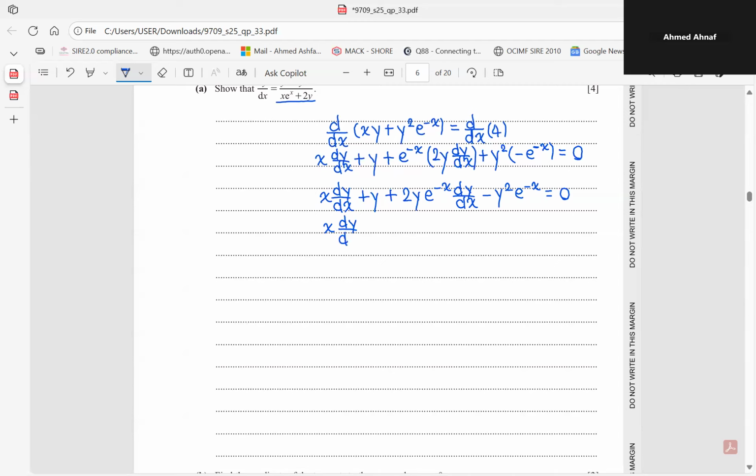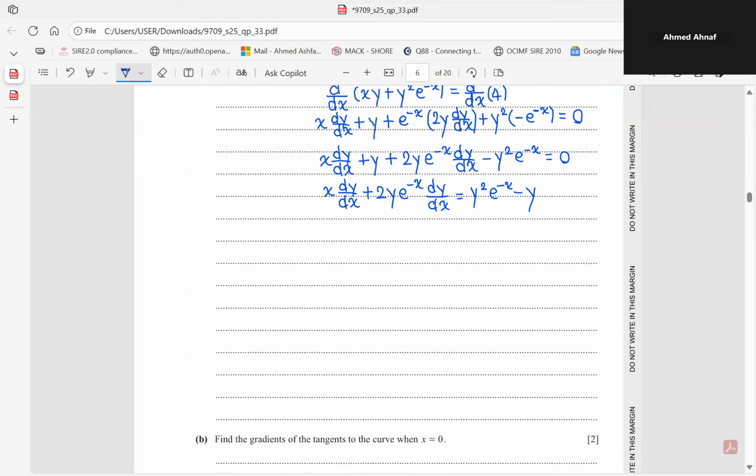So x dy/dx + 2y e^(-x) dy/dx = y² e^(-x) - y. Now we're going to make dy/dx the subject, so we're factoring it out. So dy/dx times (x + 2y e^(-x)) is equal to y² e^(-x) - y.